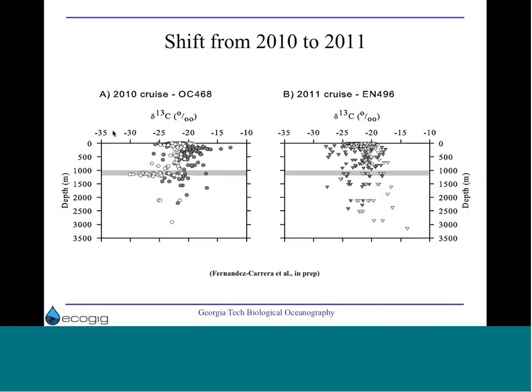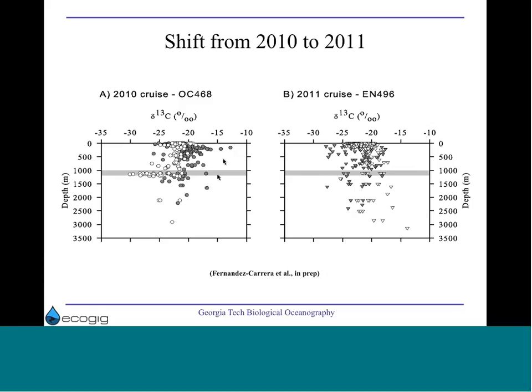Now, these are figures from a manuscript that is currently in preparation by a postdoc in my lab. The left-hand panel shows the data that I just shared with you. The format's a little bit different, but the white symbols, the open symbols, are from the portion of the cruise well removed from the wellhead.